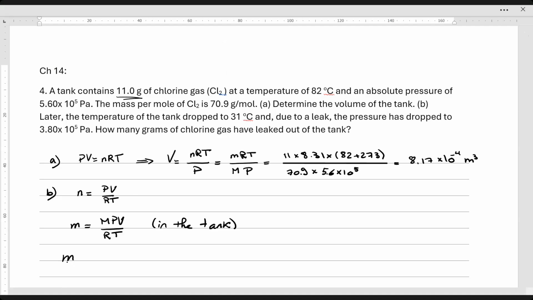Whereas we can write the mass leaking actually, because that's what the question is asking us for. So this is going to be 11 grams minus the mass that we have in the tank already.